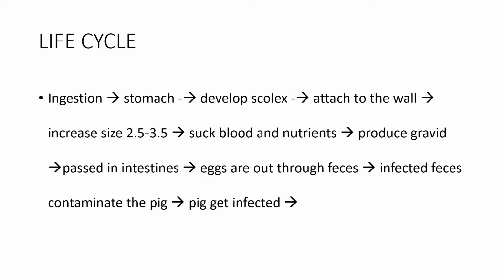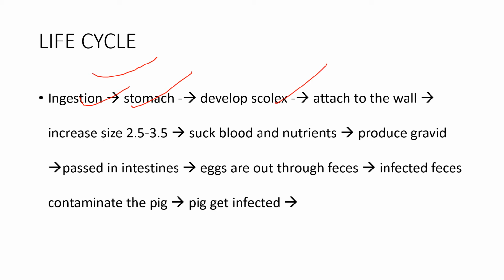Now we are going to discuss the life cycle. First, ingestion. Ingestion occurs in the body of the child because of the modes of transmission that we have discussed. When they reach the stomach, they develop a scolex.